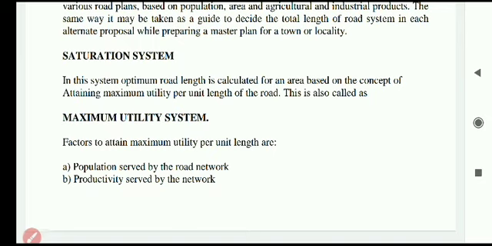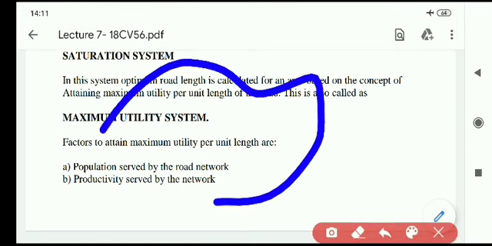The saturation system is a system to get the optimum road length. The optimum road length is calculated here. According to this system, the maximum utility per unit length of the road is calculated. See here, whenever a road is sanctioned for any area, let us consider this is the area. It consists of agricultural fields or industrial areas, whatever it may consist of.